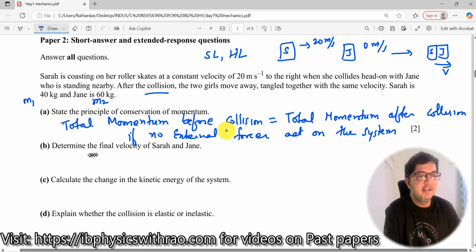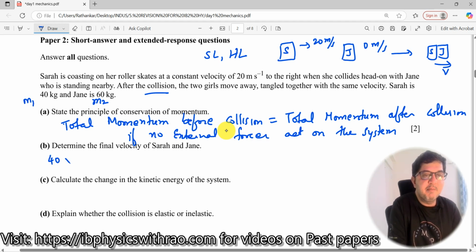Okay, next, determine the final velocity of Saira and Jane. So what we should do, first write down the momentum before collision for Saira and Jane. For Saira, what is the mass? 40 multiplied by 20, plus Jane's momentum, which was 0, because though she has a mass, she is not moving. 60 into 0 should be equal to, both of them had joined together, tangled, so 40 plus 60 is the total mass, which will be 100 multiplied by the velocity.